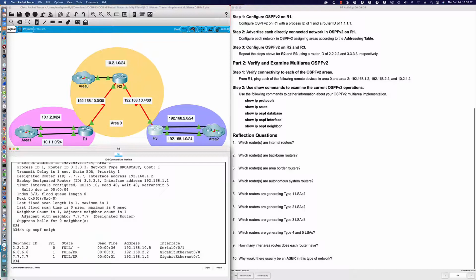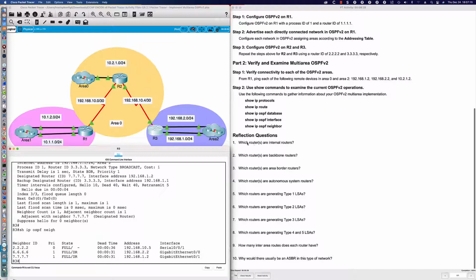And so if we take a look at our diagram here, we can see that routers 5 and 9 over here in area 1, these would be considered internal routers because they have all of their interfaces in area 1. If we were to look at router 2 and router 4, they have all of their interfaces in area 0.